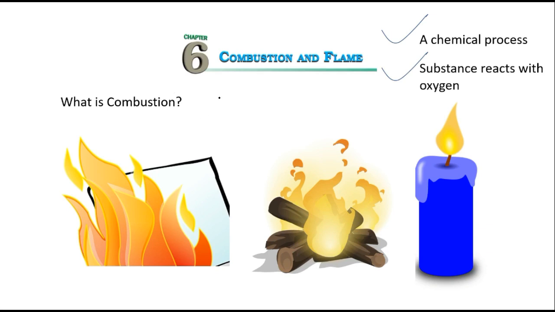The third important point is that combustion is a process where you get heat out. It gives heat, and therefore you can combine these three important points together. Combustion is a chemical process which involves a substance reacting with oxygen and giving out heat.